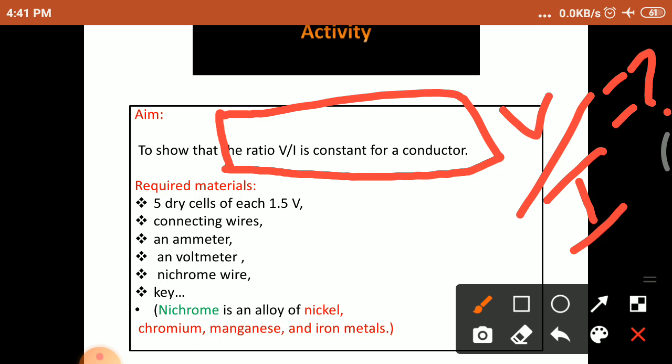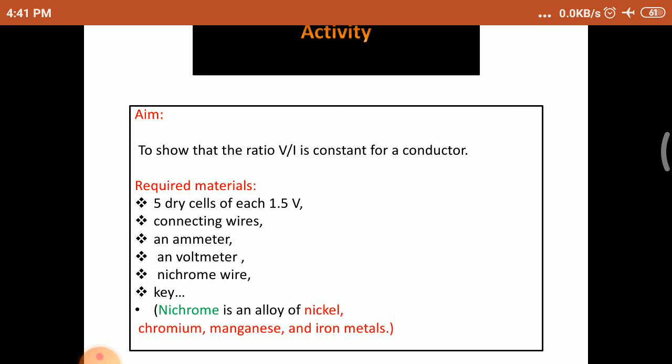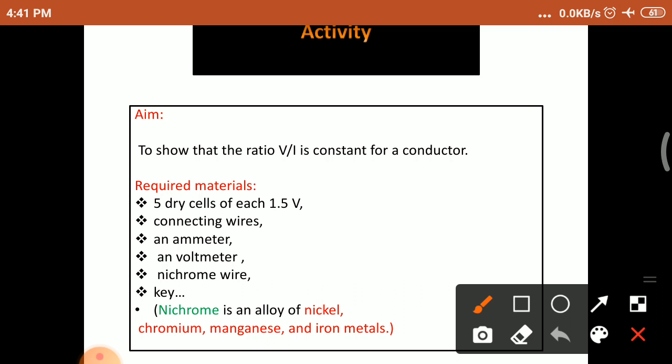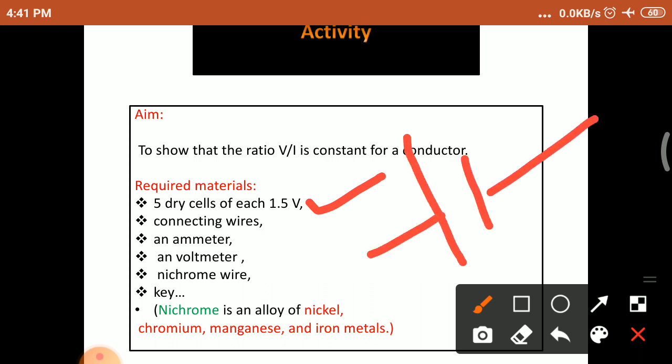The required materials for doing this activity are 5 tri cells of each 1.5 volt. You know that this is a cell. We need 5 cells of 1.5 volt, so that means 5 tri cells each having 1.5 volt.